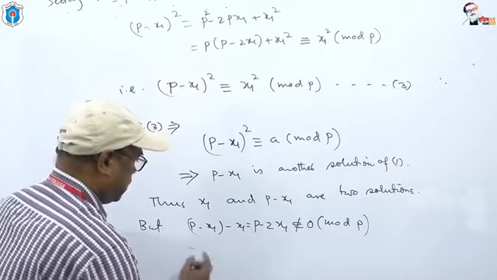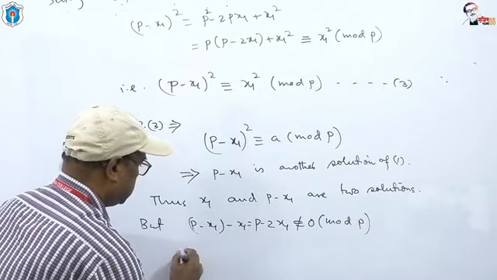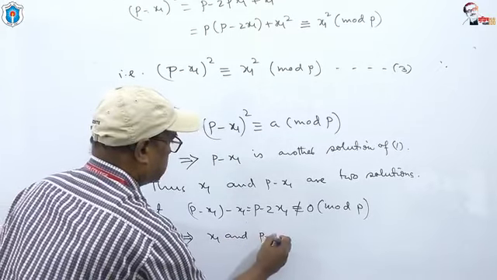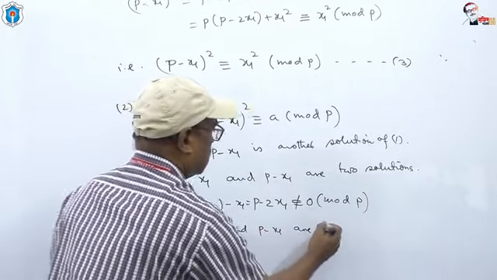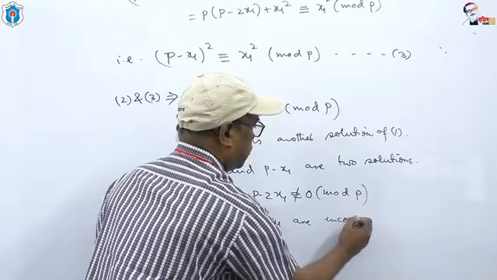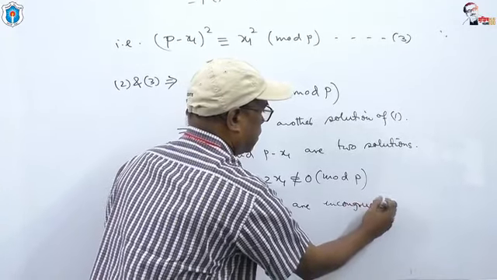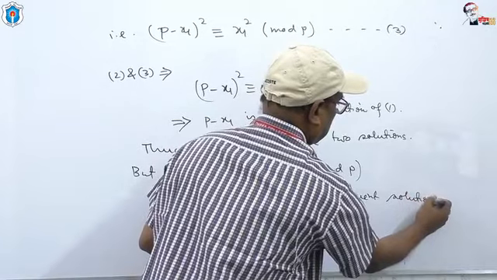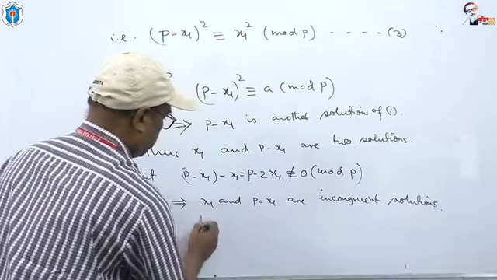This proves that x1 and p minus x1 are incongruent solutions. Hence proved.